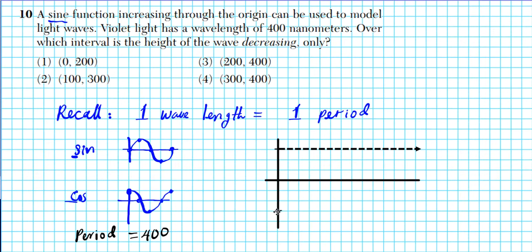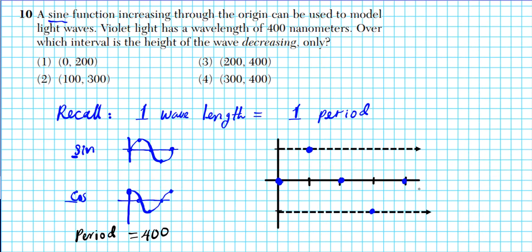One full cycle will be 400 nanometers long. So let's see how we want to divvy this up. We're going to break it into fourths, okay? So this is the first quadrant, second quadrant, third quadrant, and fourth quadrant for a complete cycle. Sine, remember, is S, starts from the center. Okay, center, max, center, min, back to the center.